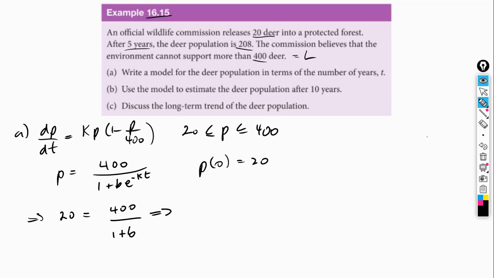And then from here we get that 20 plus 20b is equal to 400. If we solve for this, we're going to get that b is equal to 19.